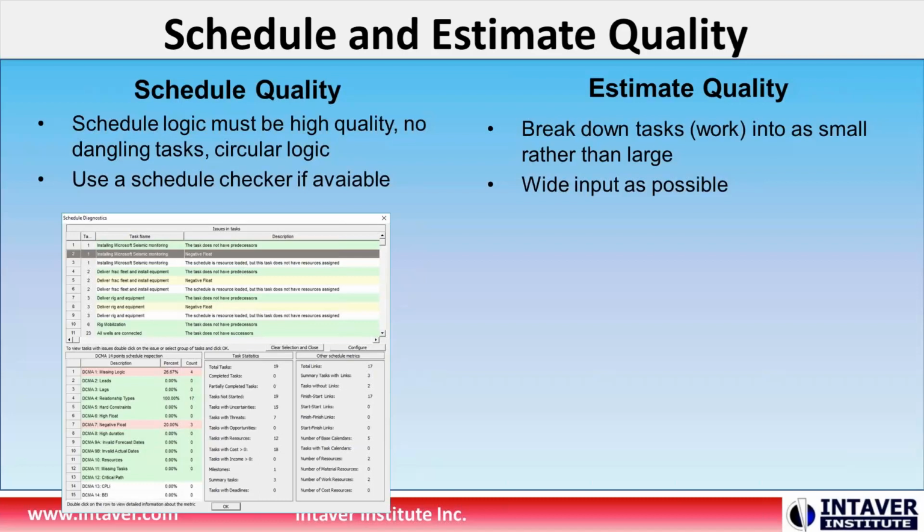The other part, and this can't be helped, is the estimate quality: garbage in, garbage out. You want to make sure that you're getting as high quality as possible. There's a lot of information about how to improve the quality of your estimates.